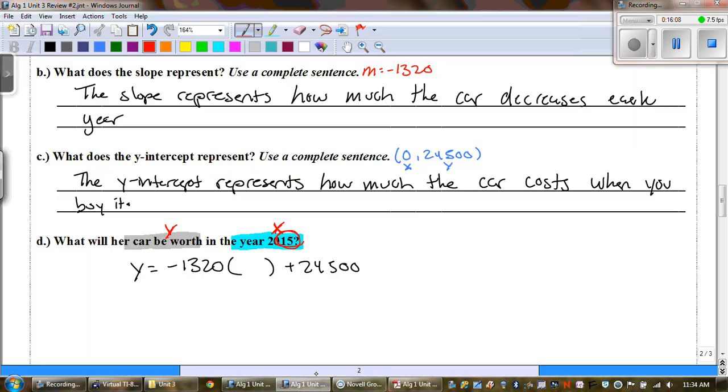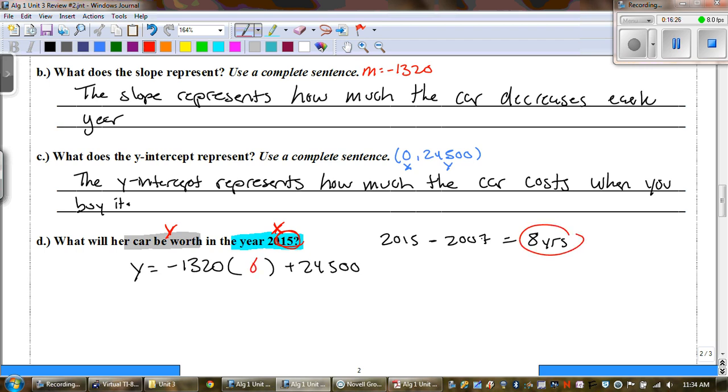That last part, however, that's the year 2015, right? When did we buy it? Well, Ms. Carranza bought it in 2007, so how many years have passed? Well, that's where we get 8 years. And this is the number that we need to plug in. Okay, so what I want you to do is pause the video and solve this on your own. Good luck.